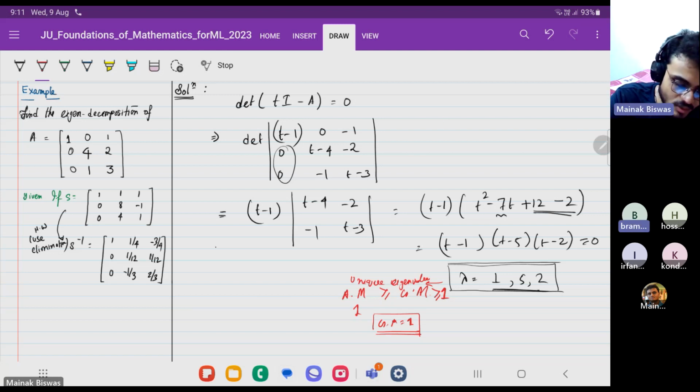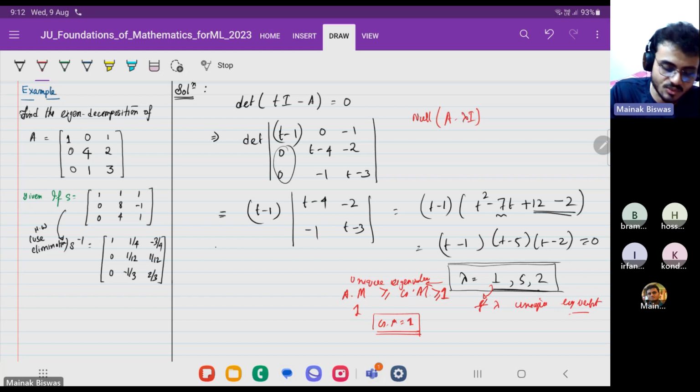So you have an eigenvalue, A minus lambda I, right? So here we have algebraic multiplicity as 1. So geometric multiplicity has to be 1. So that means for each eigenvalue, we will get one unique eigenvector. That's why your S will exist. That's what I'm trying to get at.